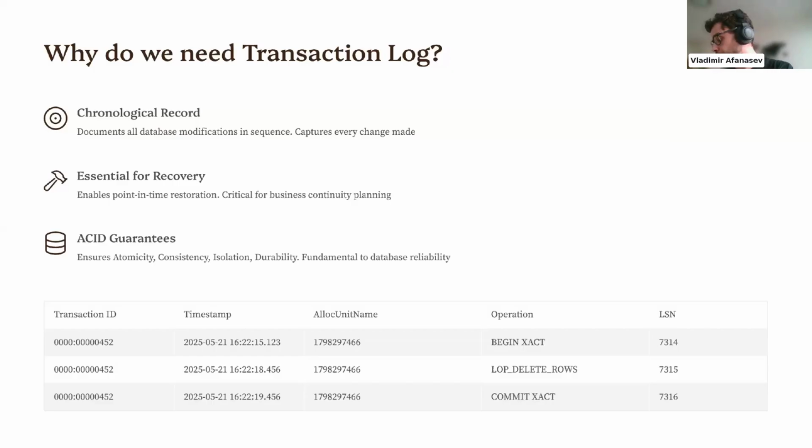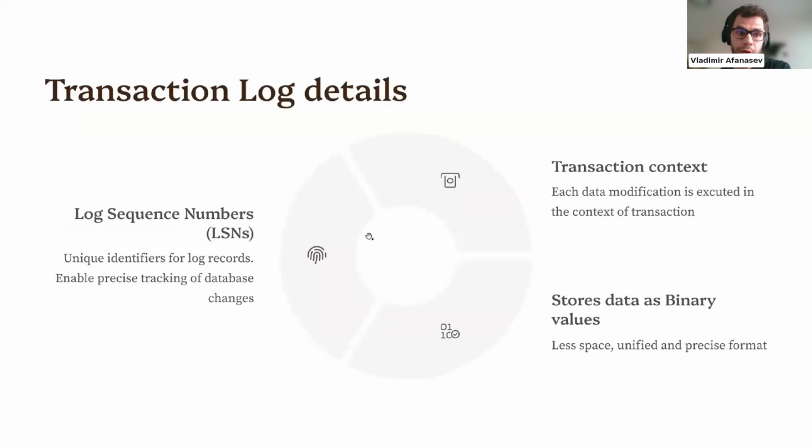So next question, what is actually the LSN? The name stands for log sequence number. This is our unique identifier for the log record, and it enables precise tracking of database changes. Actually, this is the unique ID of the record in the transaction log. We'll also come to this in detail later, but let's just keep it for now.